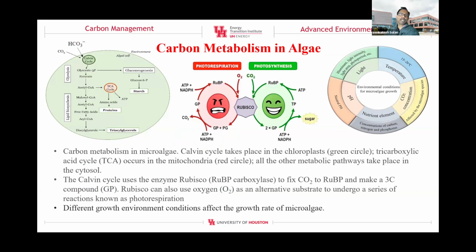So how do algae sequester carbon dioxide? When you provide this carbon dioxide in the form of just gases or bicarbonate, carbon dioxide at alkaline conditions gets solubilized in water, and then it can be transported to the organisms through the water, and it goes through the Calvin cycle where they are converted into acetyl-CoA.